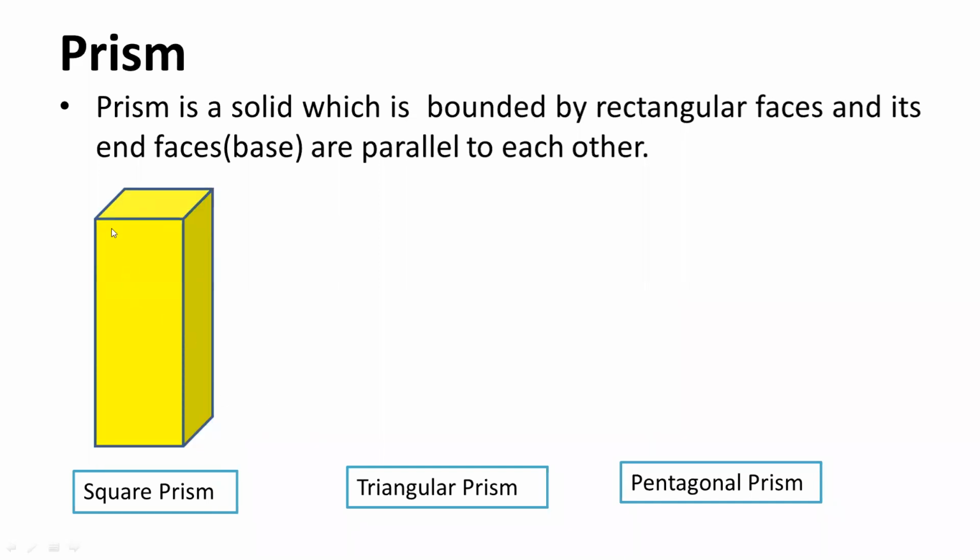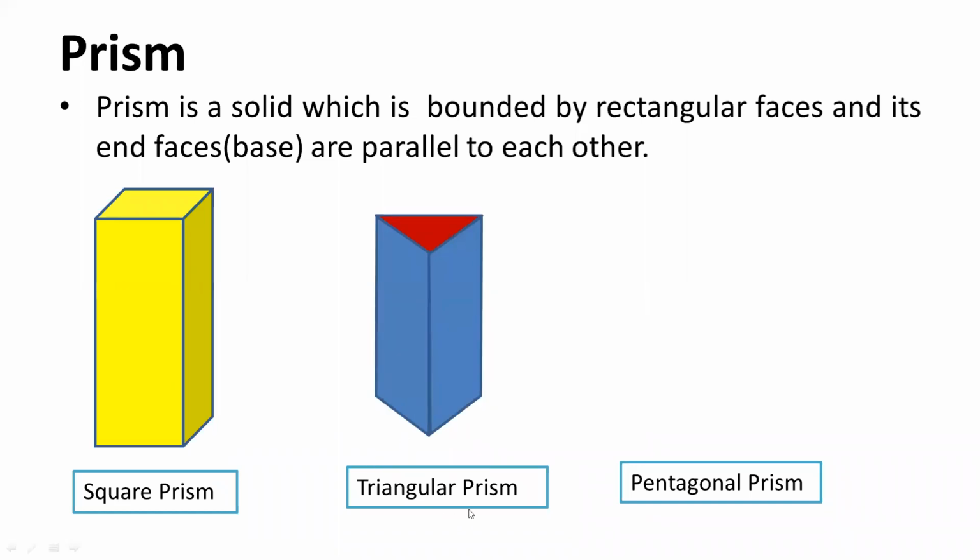So you can observe here all its faces. These vertical sides, okay, these are called the faces. These are rectangular, and its bases, that is the top base and the bottom base, are square, and therefore it is called a square prism.